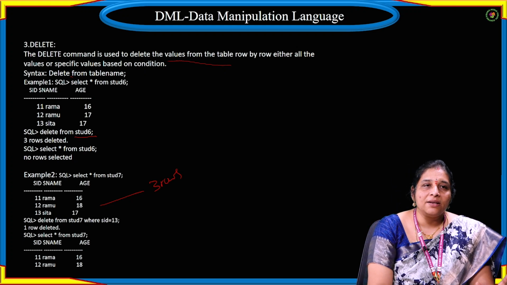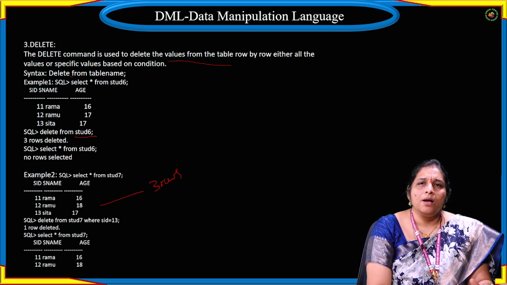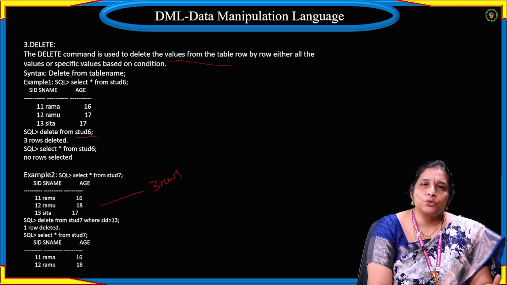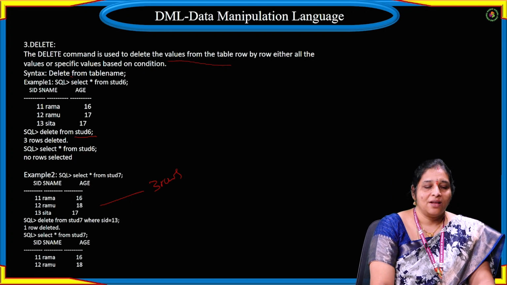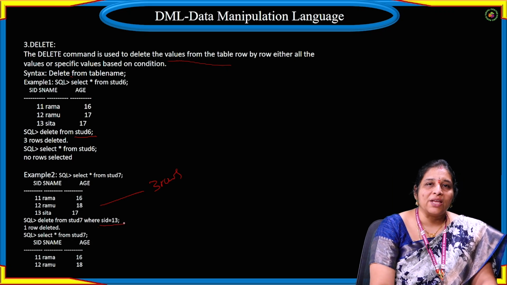If attendance is very low and that student is not being promoted, I don't want that student's information. So I am going to say delete from student 7 where SID is equal to 13.